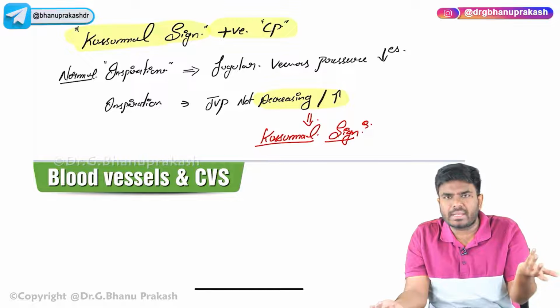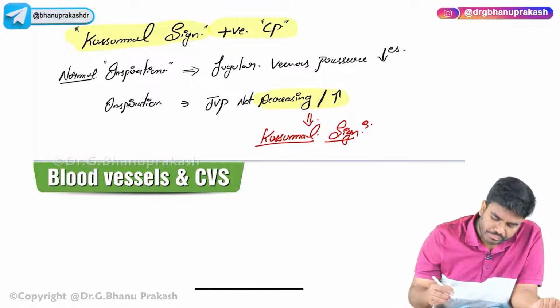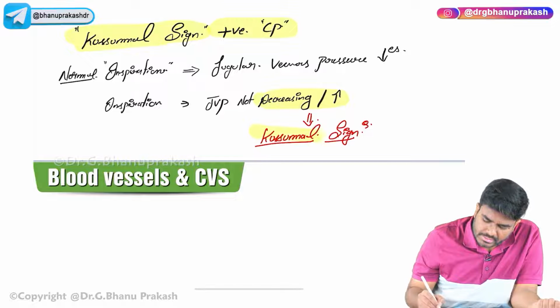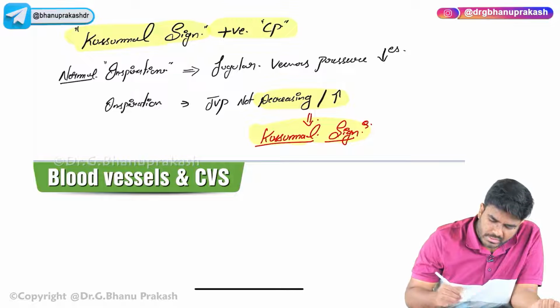They are still high, they are elevated, right? So in constrictive pericarditis, the patient is going to have Kussmaul sign.